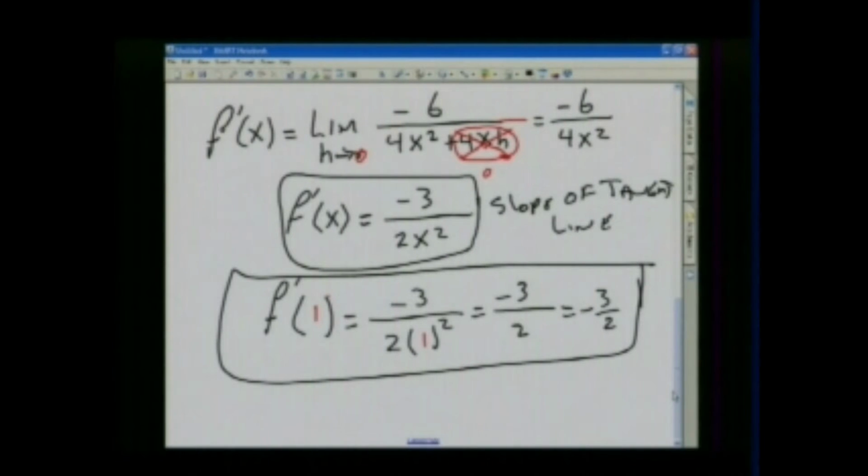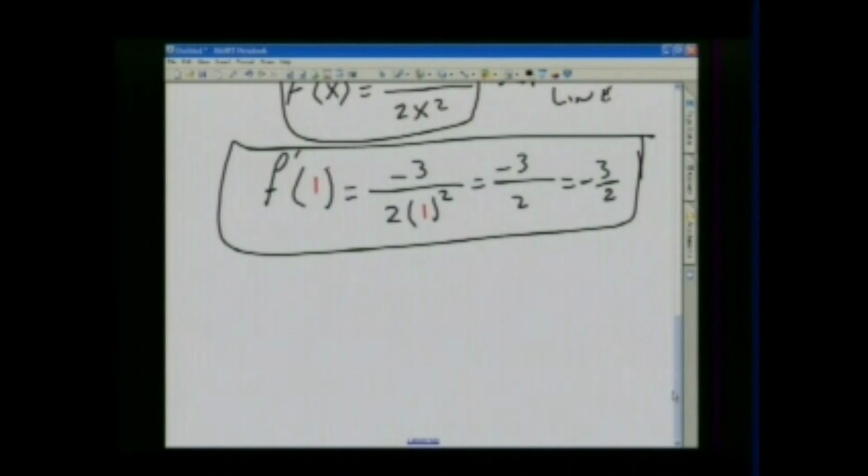Now, if I want to find the equation of the line, the formula to find the equation is basically y minus y1 equal to m, which stands for slope, times x minus x1. M is the slope, and x1 and y1 are the coordinates of one point.